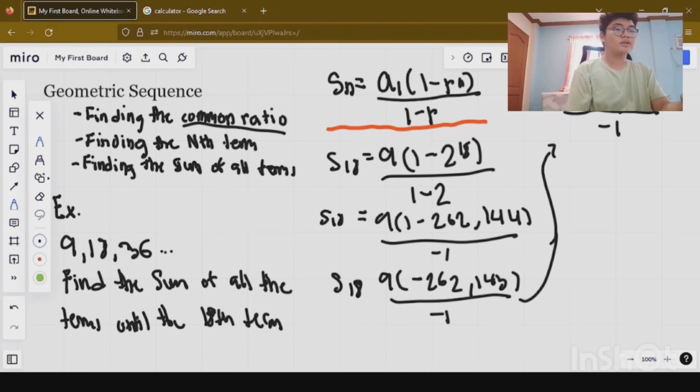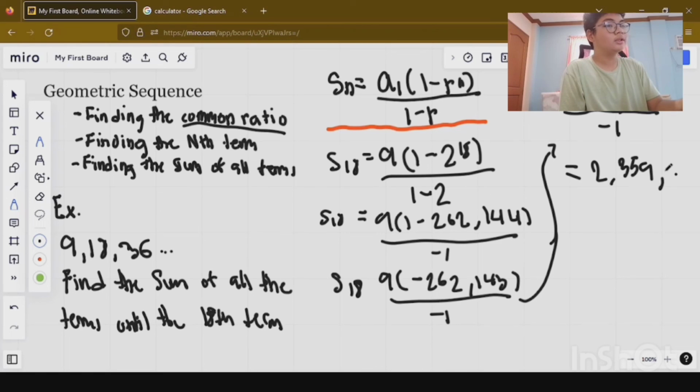Okay, so now we just divide this by negative 1, and our answer would be 2,359,287. That's our sum of all terms till the 18th term for this sequence.